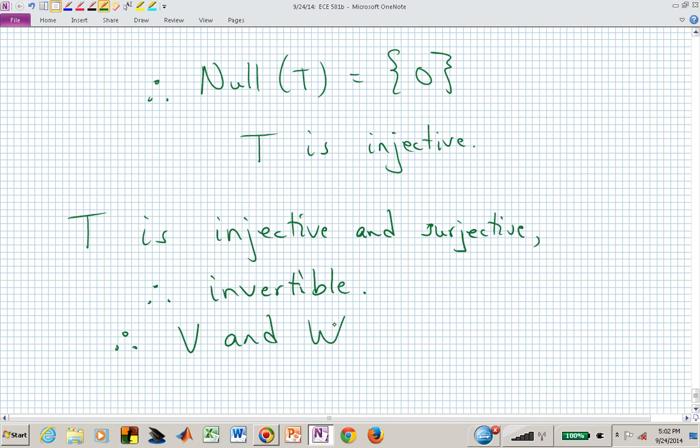Since we have an invertible map between V and W, they are isomorphic, just by starting with the fact that V and W were of the same dimension. We were able to show that. So V and W are isomorphic.